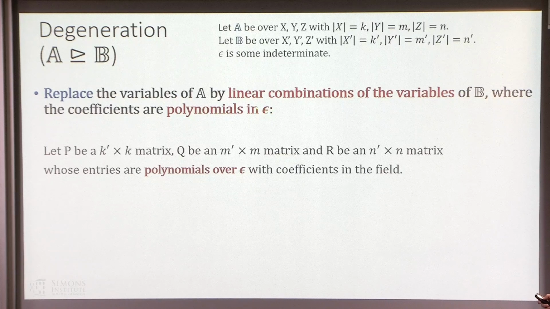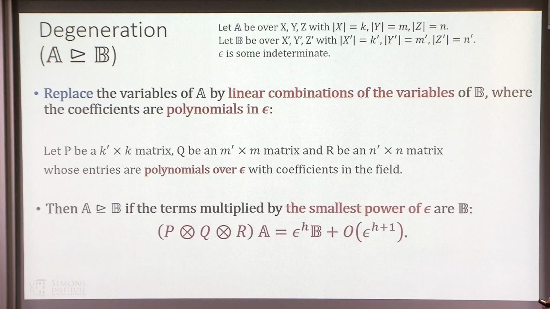indeterminate epsilon. In other words, you can take matrices P, Q, and R that take the x, y, z variables to x prime, y prime, z prime variables, and the entries of these matrices are polynomials in epsilon.